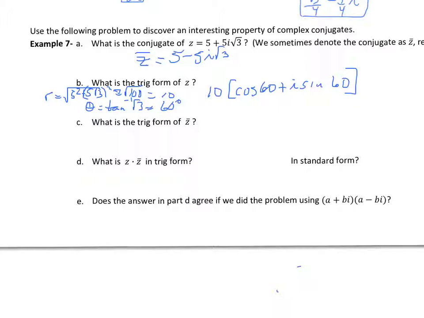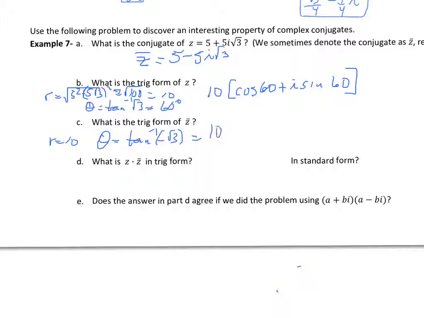All right, now let's do the trig form of z bar. So r now is going to be the same. I hope you recognize that. r is 10. Now what is theta going to be? The arctangent of negative root 3, which is negative 60, sorry.